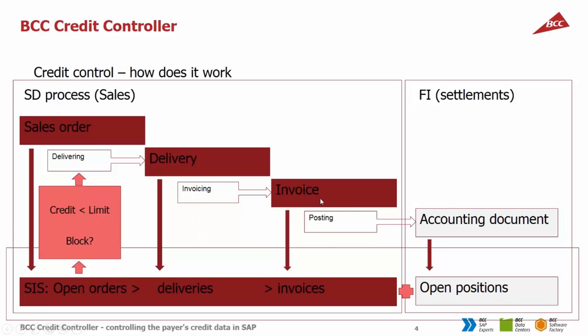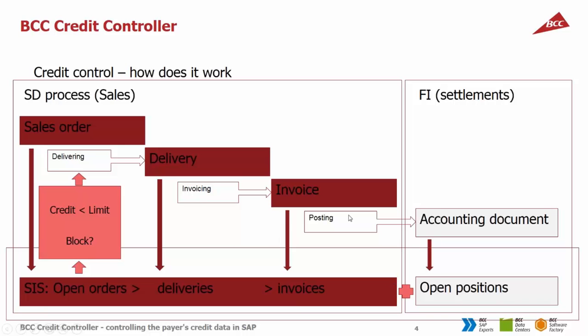The next step of the process, when we create an invoice for the delivery, the credit limit used value of a given payer is updated. Similarly, the value of open deliveries is diminished, and the value of open invoices increases.